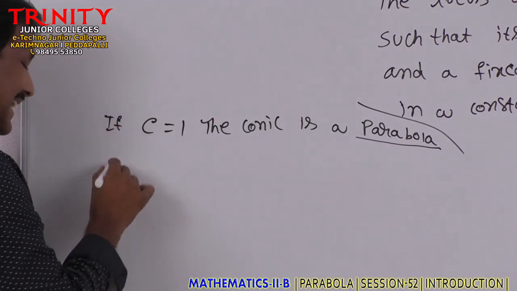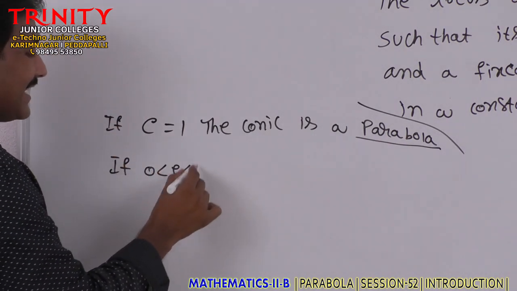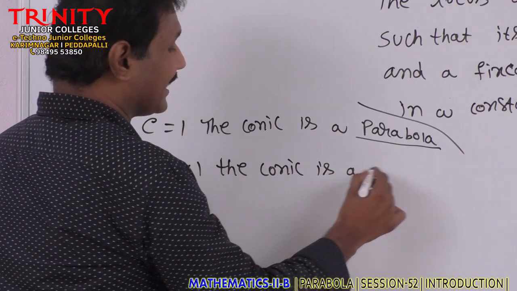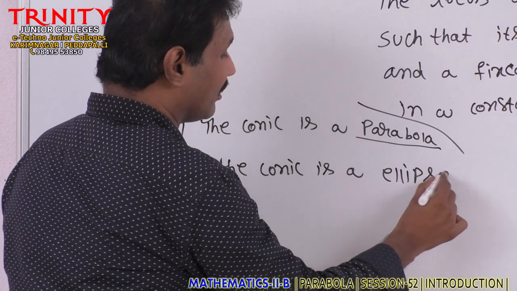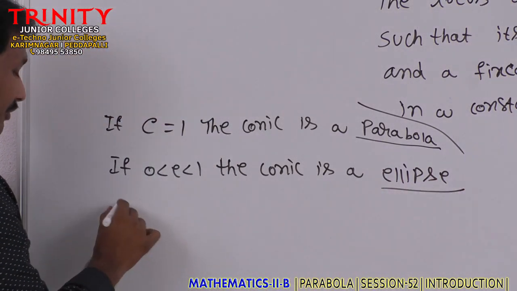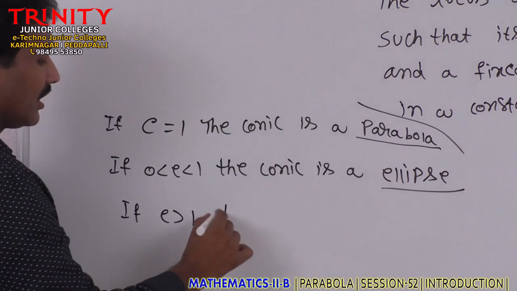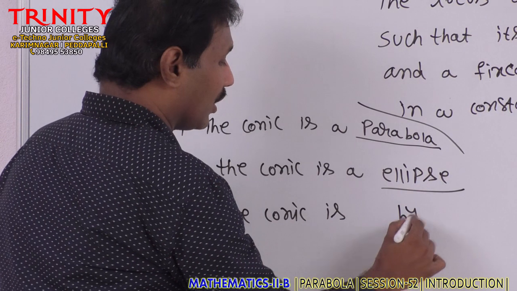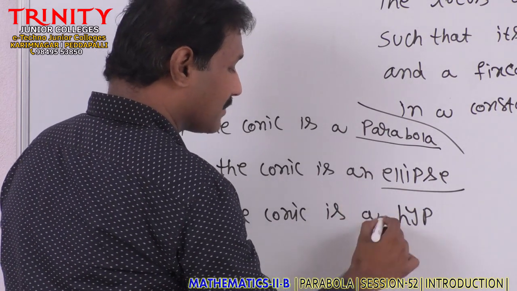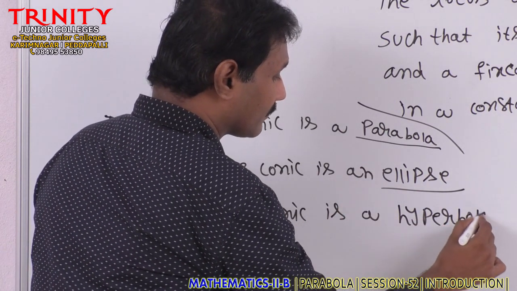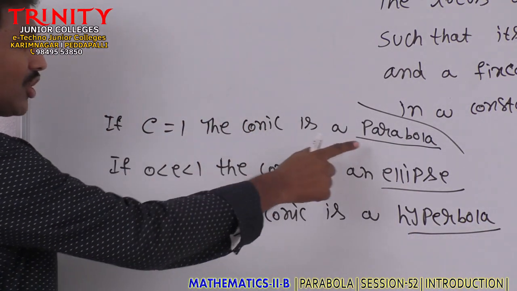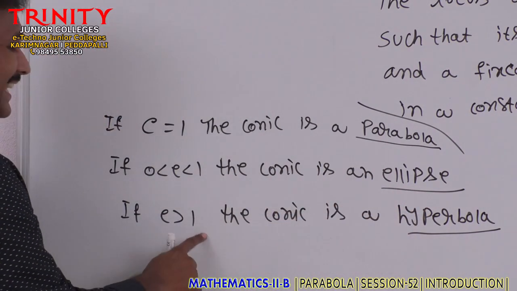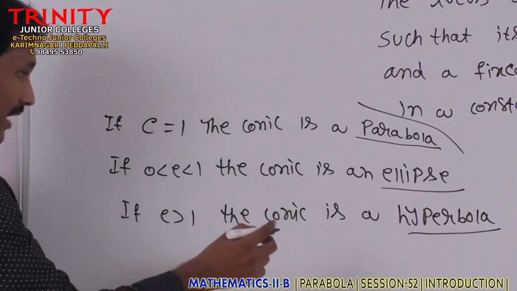If 0 less than E less than 1, the conic is an ellipse. If E greater than 1, the conic is a hyperbola.